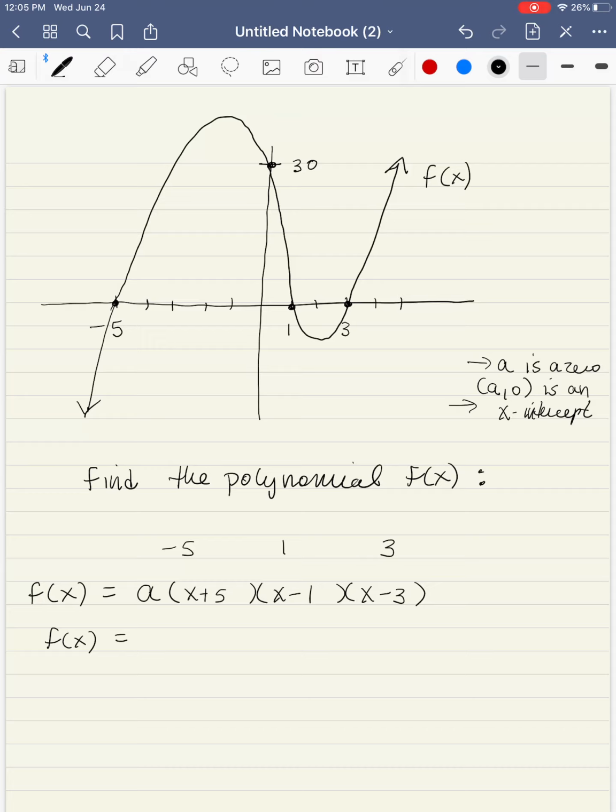So my polynomial, if I were to list this out, would be a times each of those factors. And I'm going to just leave this in factored form, rather than multiplying the whole thing out.